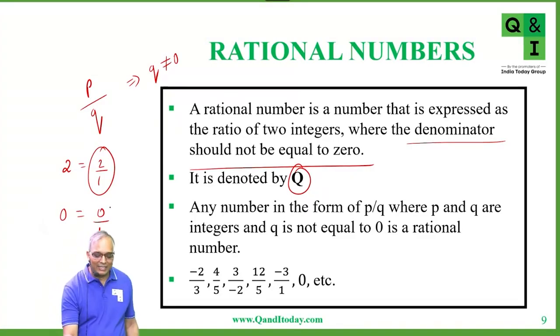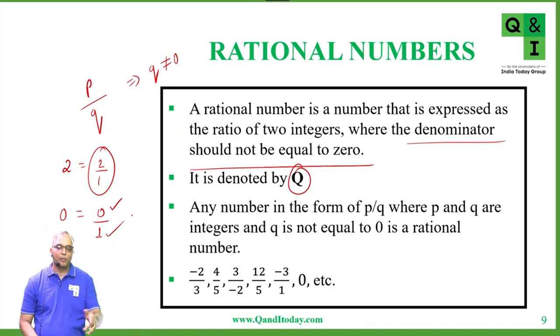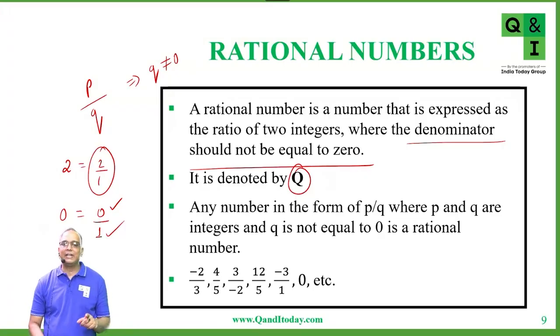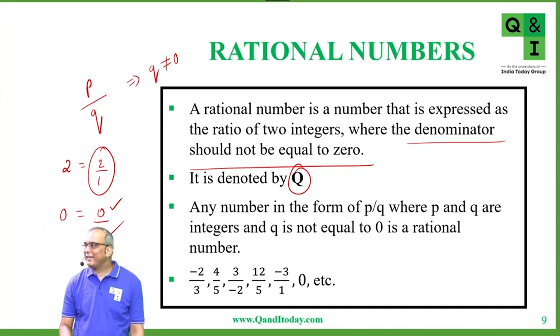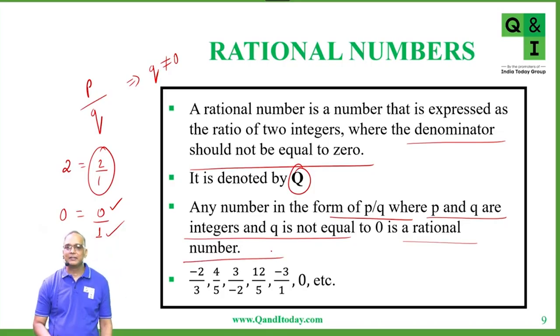So here again 0 and 1 are integers. So this is a ratio of integers and the denominator is not equal to 0. So that's why this also satisfies the definition of a rational number. And that's why 0 is also a rational number. Okay. So any number in the form p by q, where p and q are integers and q is not equal to 0, is a rational number. Clear?